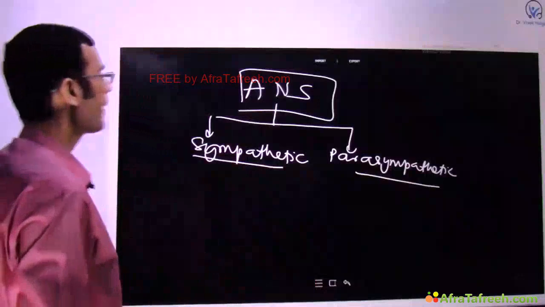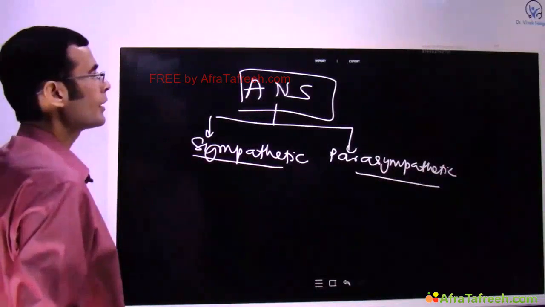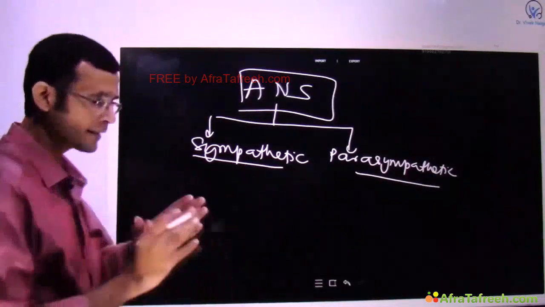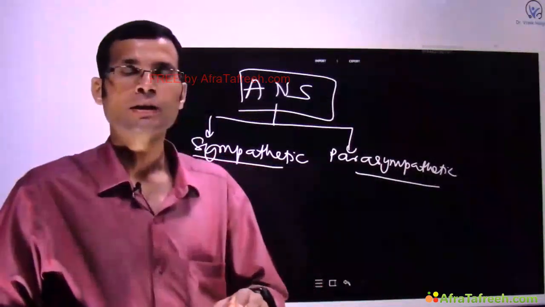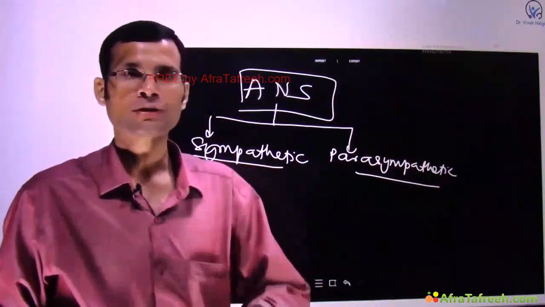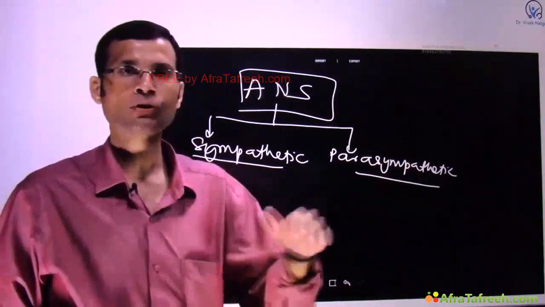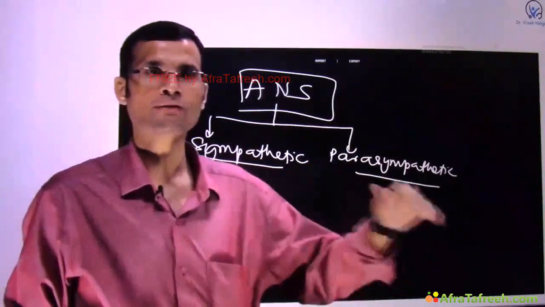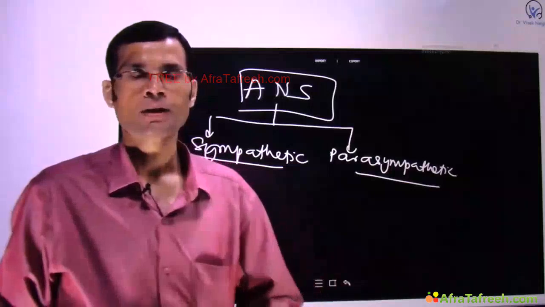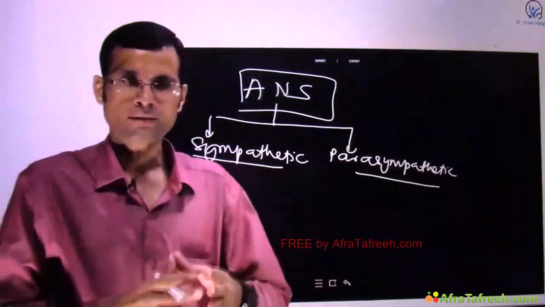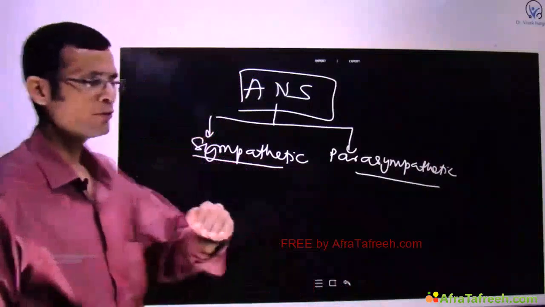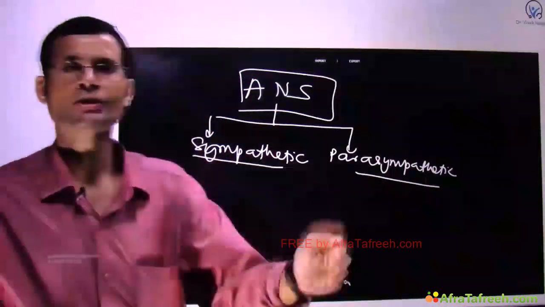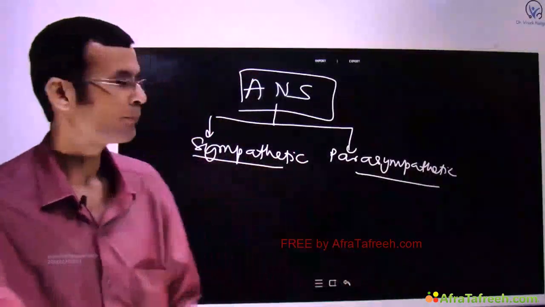Now first thing is that the parasympathetic system basically controls the minute to minute, moment to moment and day to day functions of the body. That's a division in the sense that it controls regular functions, routine functions of the body.